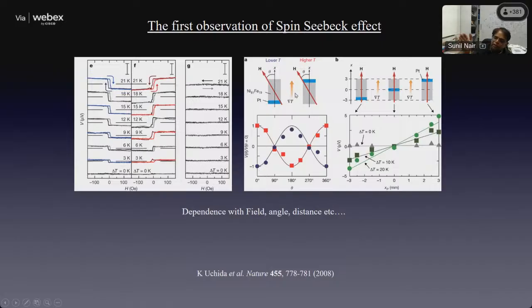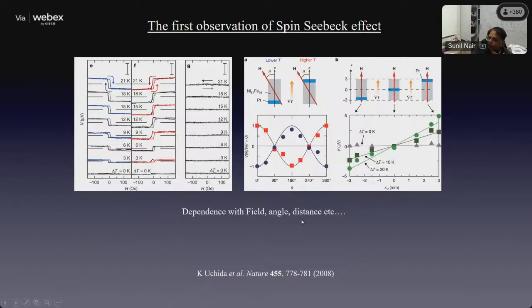So if you change the direction of the magnetic field, you expect a sinusoidal dependence, and that is what was seen here. The location of the spin to charge conversion layer also determines the magnitude of the spin to charge conversion current or voltage, and that is seen here. So all of this was kind of measured for the first time and demonstrated by Uchida's group in 2008. It was a landmark paper in that area.